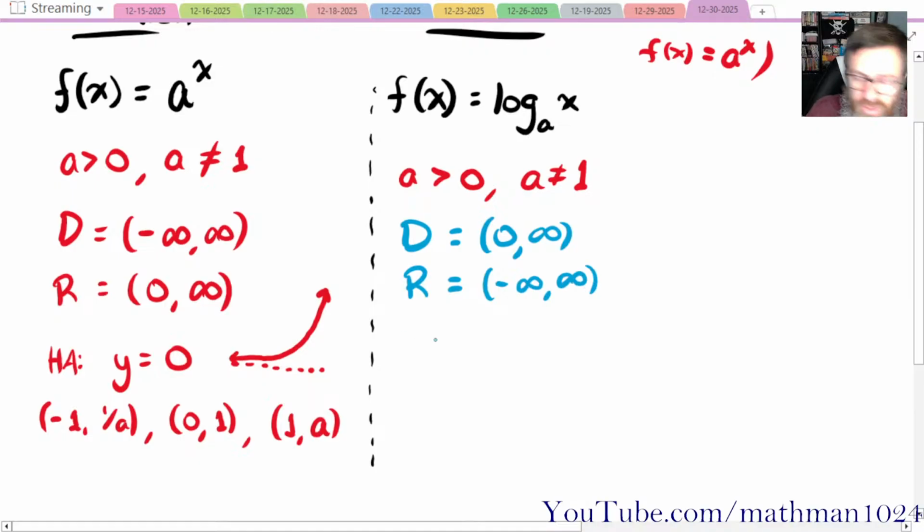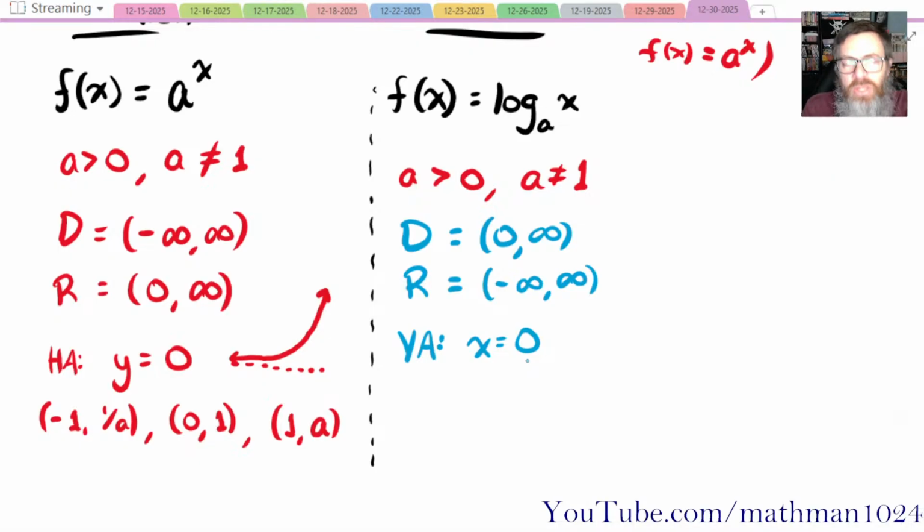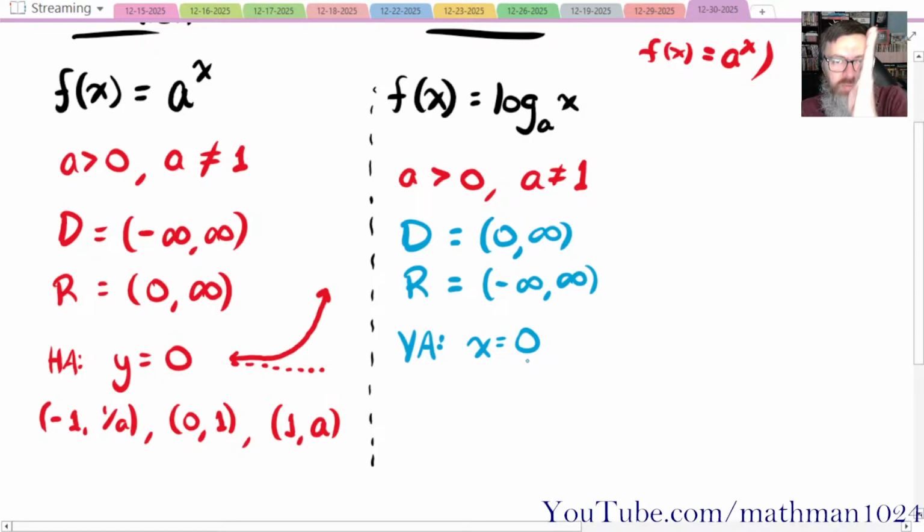Instead of a horizontal asymptote, we have a vertical asymptote of x equals 0. With inverse functions, x becomes y and y becomes x. So when a function has a horizontal asymptote, its inverse has a vertical asymptote, and vertical lines are x equals whatever.